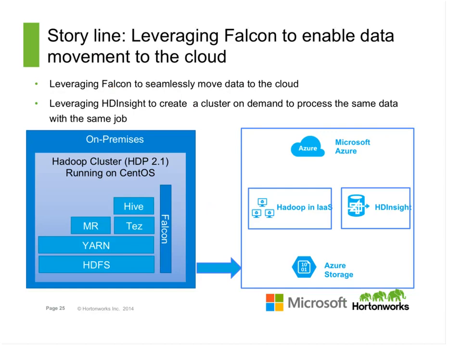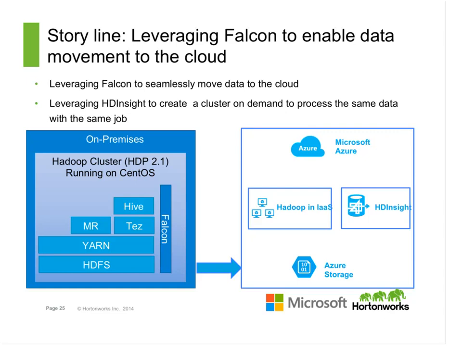We have our on-premises cluster running, an HDP 2.1 cluster on top of CentOS, so it's a Linux-based cluster that has Falcon configured to move data into Azure storage. The important thing is that once we've landed the data into Azure storage, it enables those other scenarios that we talked about earlier in the presentation.